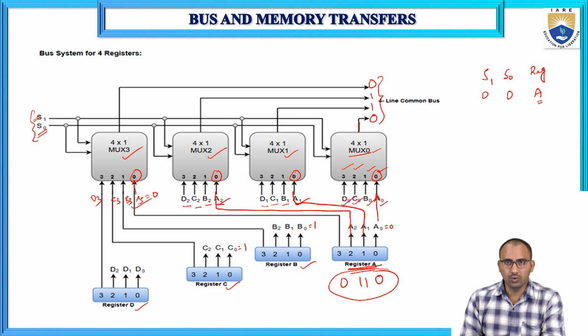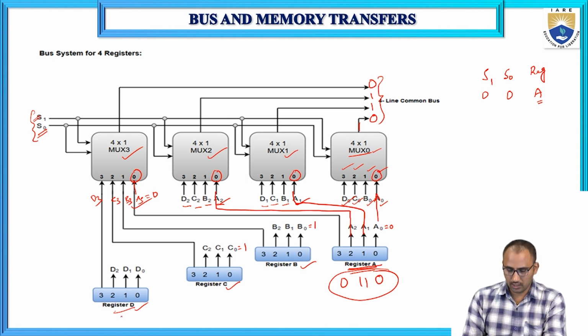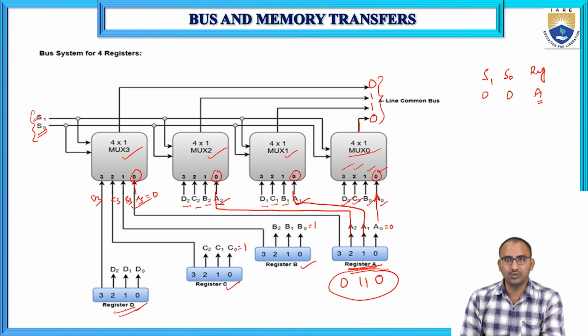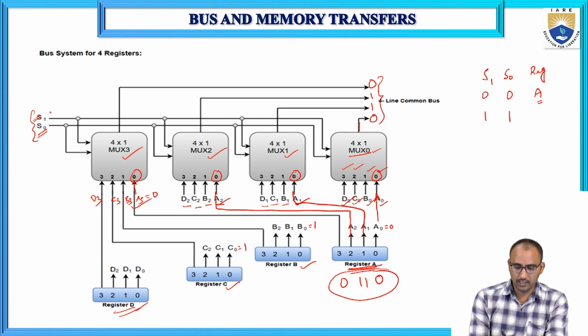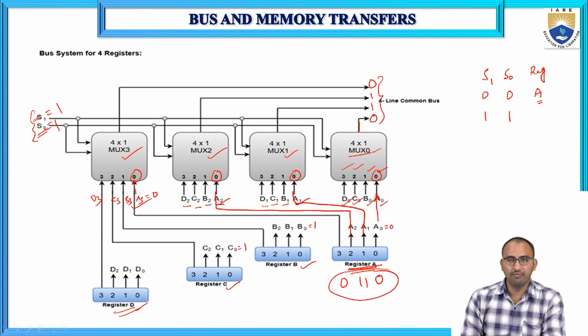Suppose you want to transfer the data present in register D. In order to select register D, the selection lines both should be logic 1. So if the selection lines S1 is equal to 1 and S0 is equal to 1, then register D is selected.